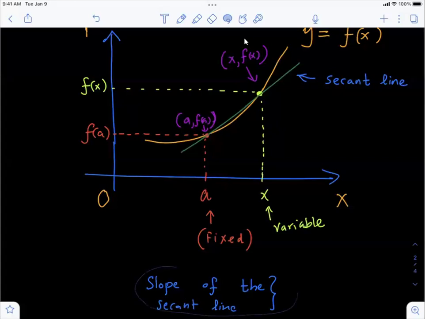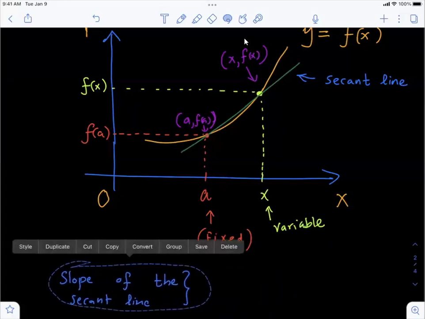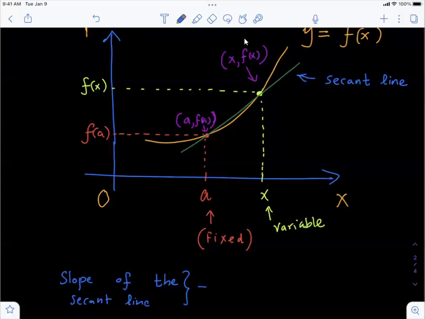Let me manage the space better, moving this onto the left corner and writing down an equality. Now, the slope of the secant line is none other than, from the point slope formula, y2 minus y1 divided by x2 minus x1. So this is y2, this is y1, this is x2, and this is x1. So let's write it. f of x minus f at a divided by x minus a.